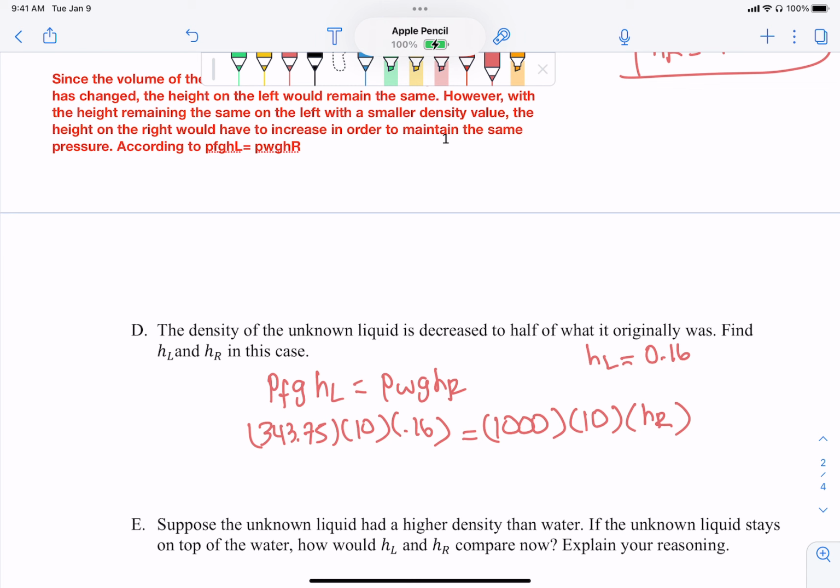The density decreases to half of what it originally was, but the volume is the same, and so the height reached on the left is the same.